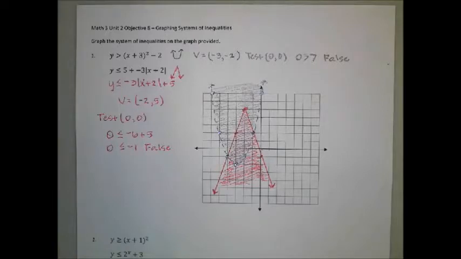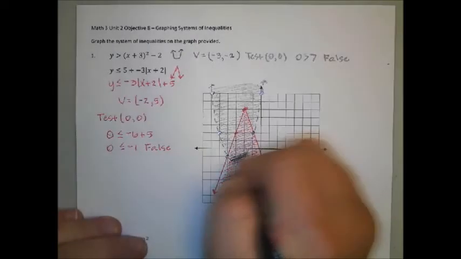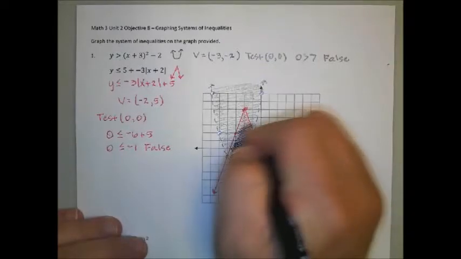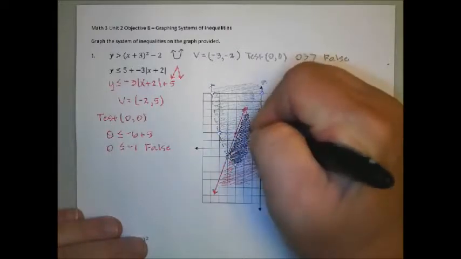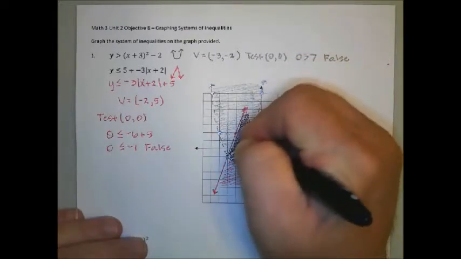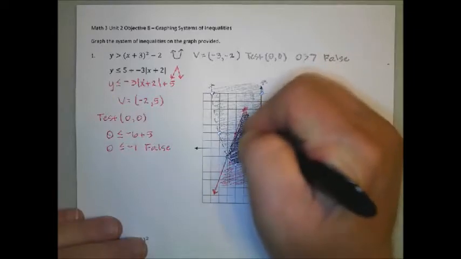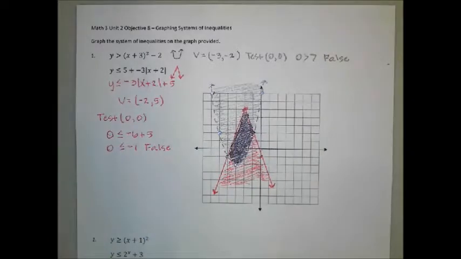So, the overlapping area appears to be this area right here. And that would be the solution to that inequality.